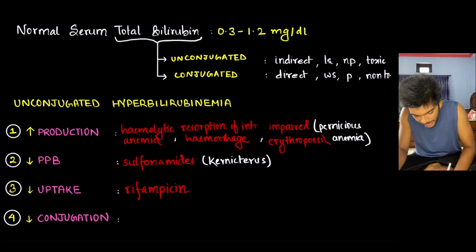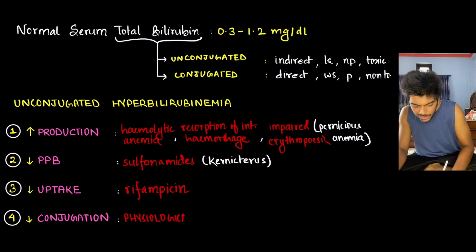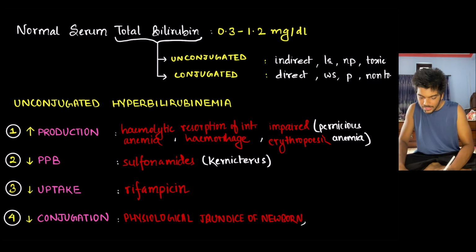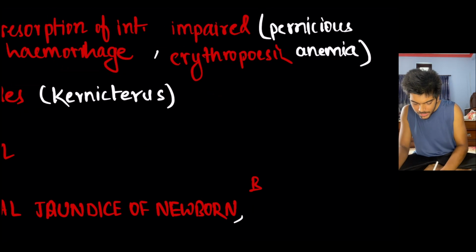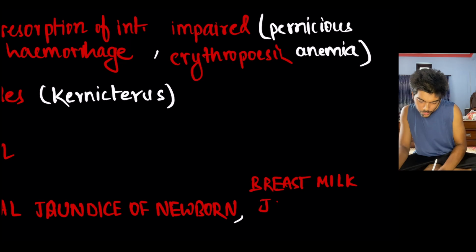Then decrease in conjugation. As soon as I say decrease in conjugation, first thing is physiological jaundice of newborn, and as well as breast milk jaundice.